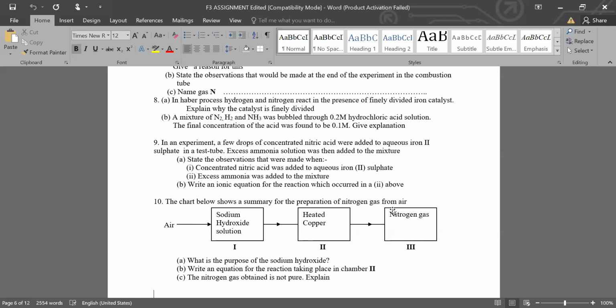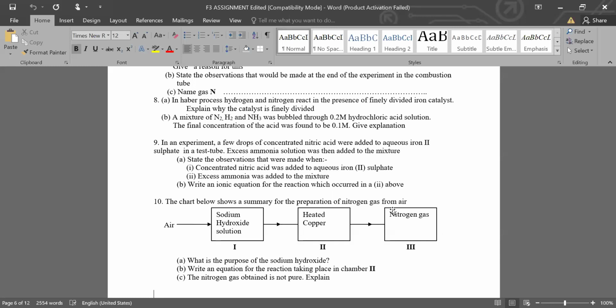That question is testing on the properties of concentrated nitric 5 acid. And one of them that we can see there is that it will react with iron 2 sulfate, and the products that are going to be formed will be nitrogen 2 oxide and water.